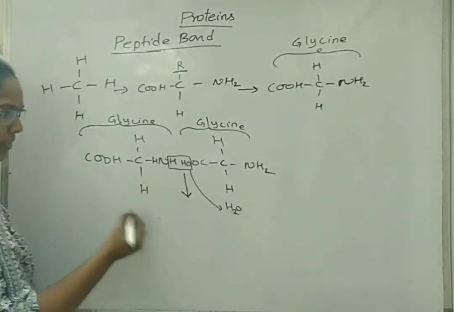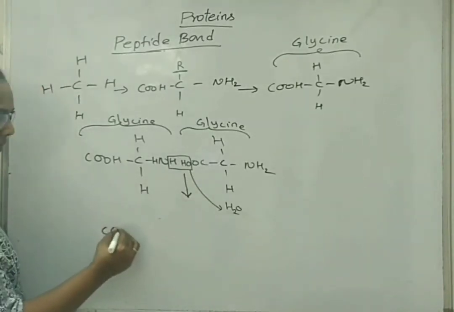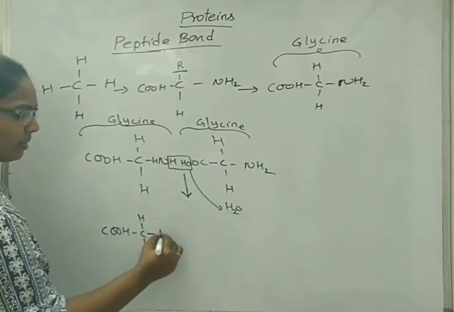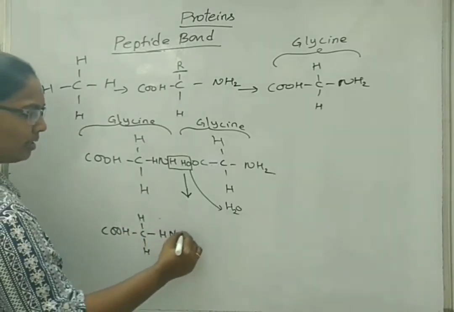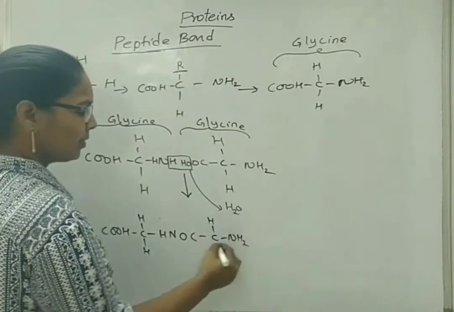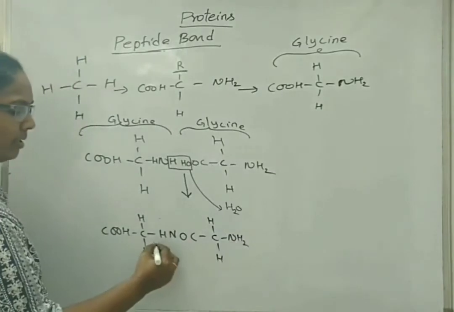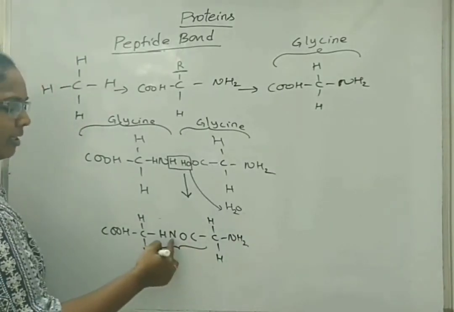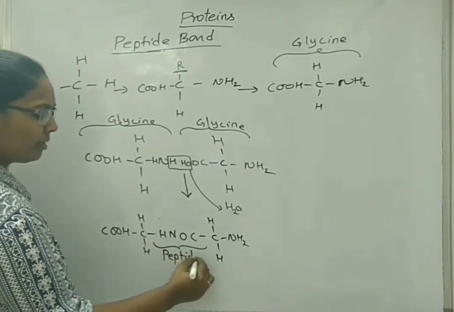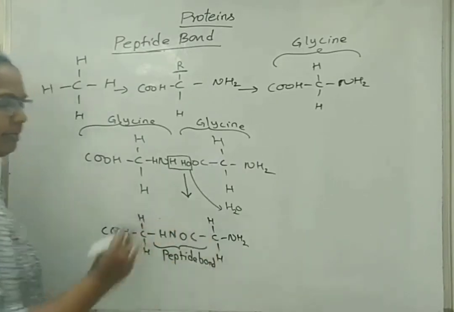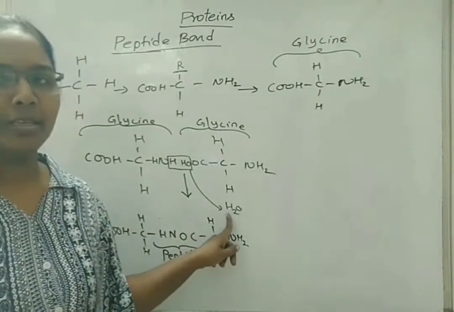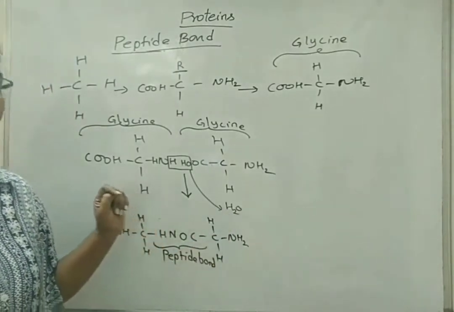If the peptide bond is formed, how can we represent that? C, H, H, now H, N, O, C, again amino group, again hydrogen. This combination of hydrogen, nitrogen, oxygen, carbon is called the peptide bond.